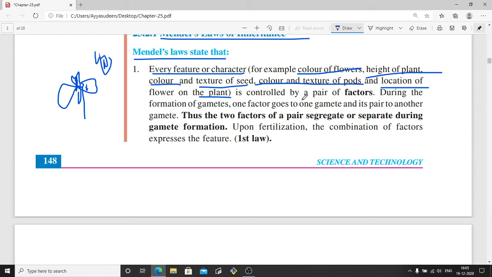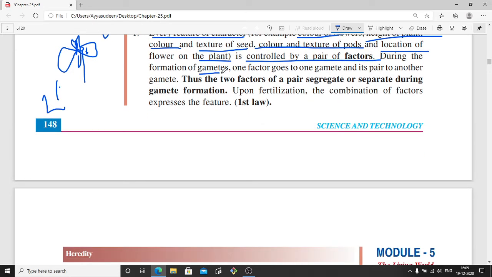So he stated that his law stated that it is controlled by a pair of factors. So two factors decide this character or feature. So during the formation of gametes, you have the male gamete and the female gamete. So one factor goes to one gamete and it's paired to another gamete. So he says there are two factors.